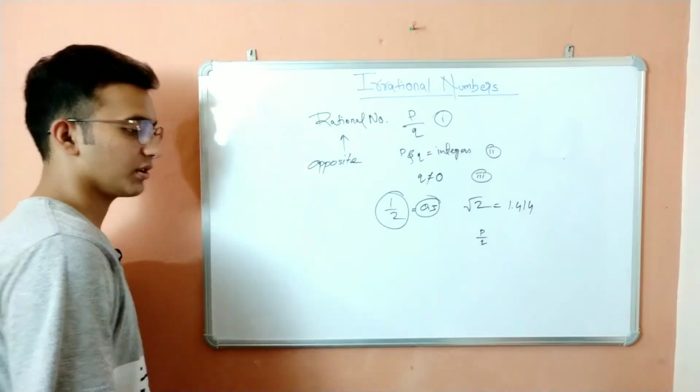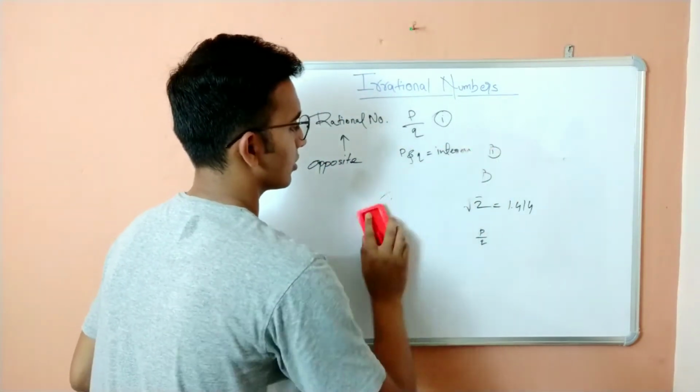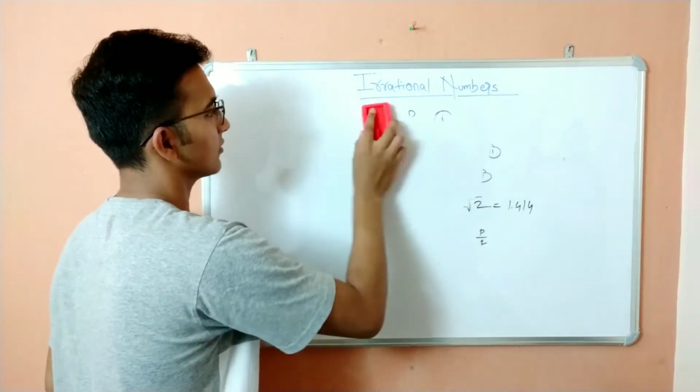So the definition of irrational numbers is very simple.